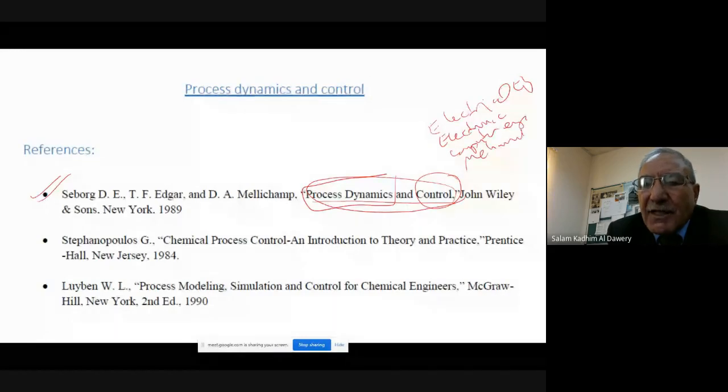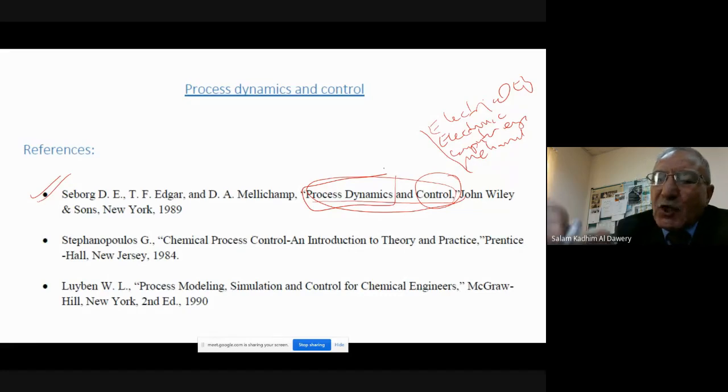Those disciplines do study control, but their process is different than our process. So sometimes we can go for process books and control books. That's another option.